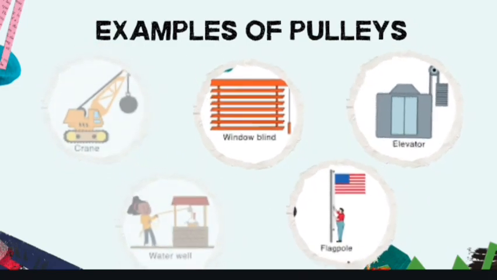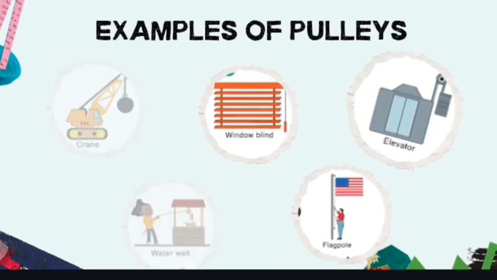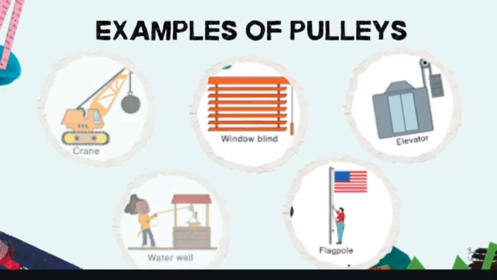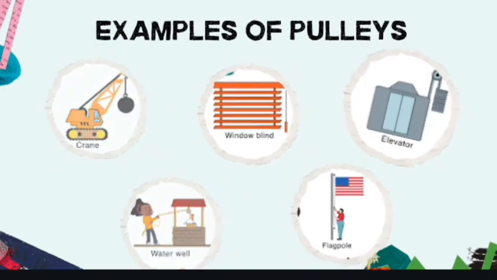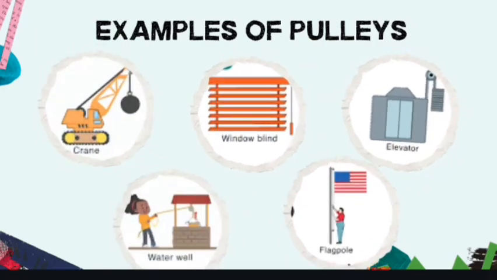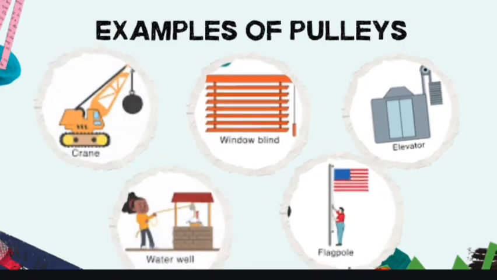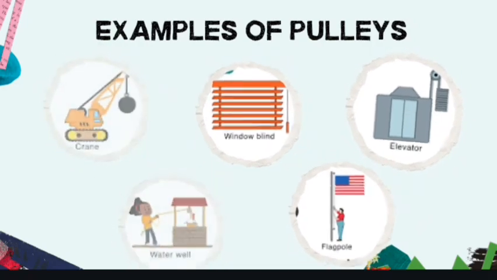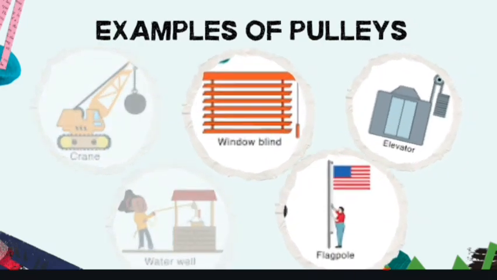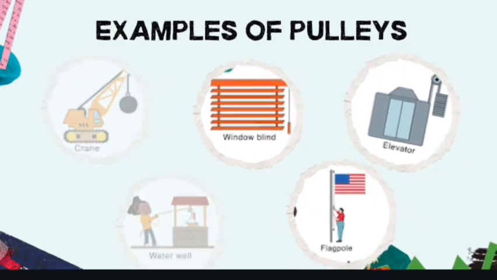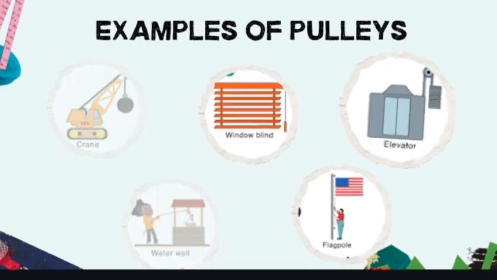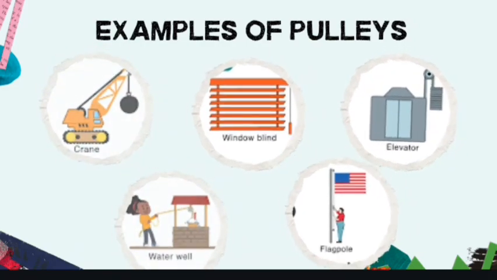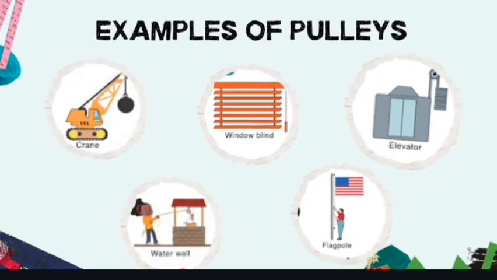We have the elevator, okay, and an interesting one is the water well. So you can see how the pulley is connected to the bucket that is used to fetch water. So the person fetching water drags the rope on one end, and then the load comes up, which is the bucket of water, and it's through a pulley that this is done.